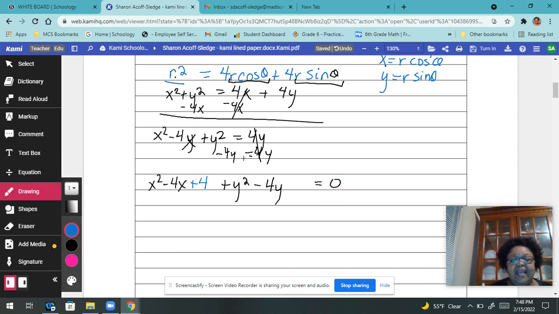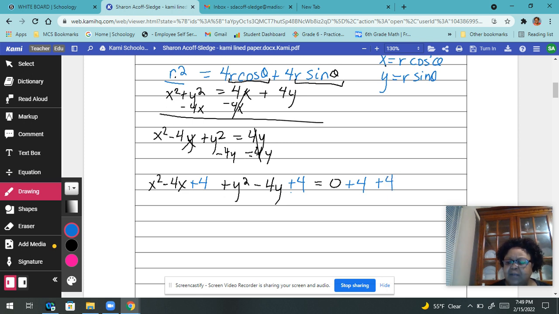And if I add 4 here, I've got to add 4 over here. I'm going to do the same thing here, Jada. Half of minus 4 is minus 2, and if I square it, I get a plus 4. And again, if I add that here, I've got to add it on this side.